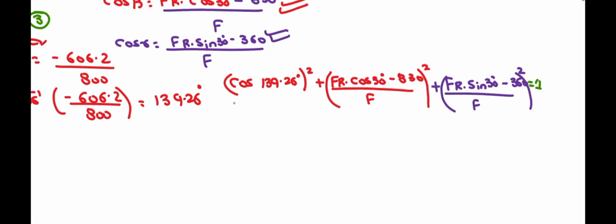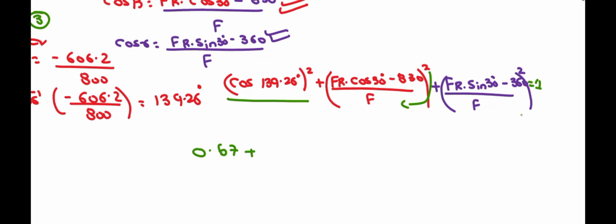Now cos 139.26 degree whole square is equal to 0.57, with positive sign Fr dot cos 30 degree with negative 830, whole square. Now this expression gives 0.57 with positive sign.